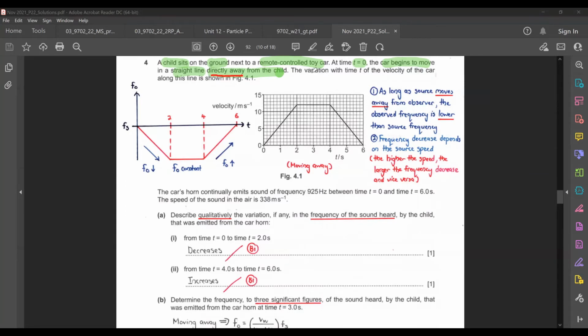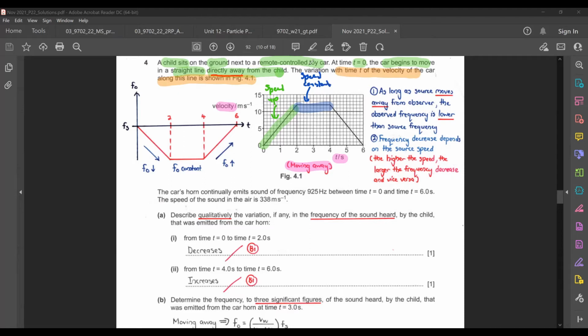The variation with time of the velocity of the car along this line is as shown in figure 4.1. So this is your velocity time graph of the car as it's moving away from the child. You will notice some stuff here. This part, the car is speeding up. This part is constant speed.